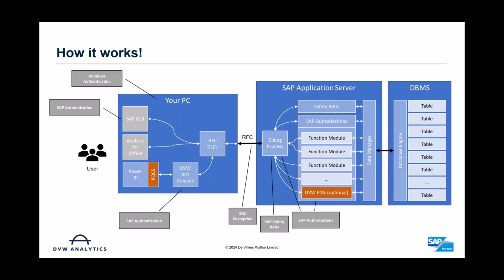Okay, the way it works is it uses a set of libraries that sit on your laptop, and in a standard way connects in and creates a dialog process on what's called the application server of your SAP system. Now, it doesn't matter whether you're coming from the GUI, Analysis for Office or our console, you need to have a logon.